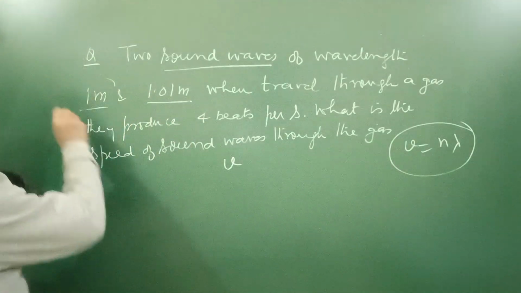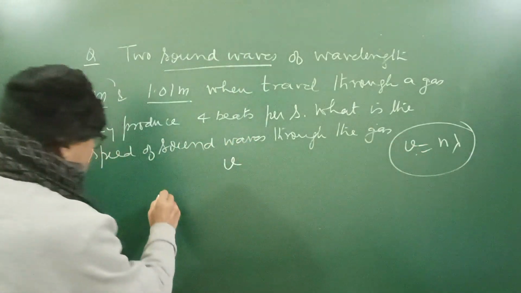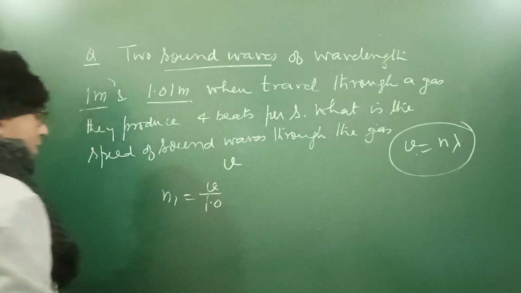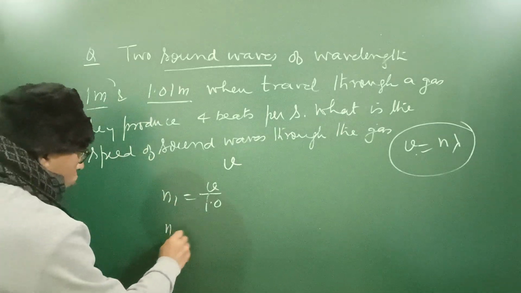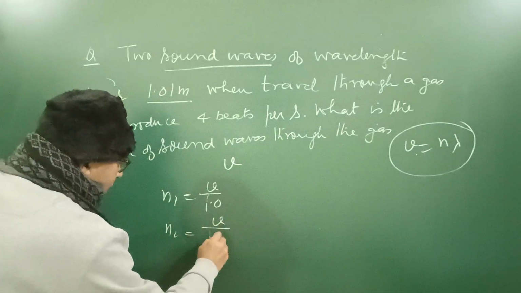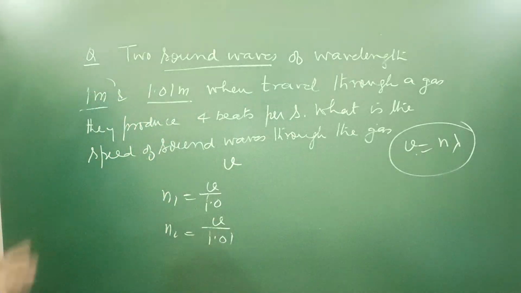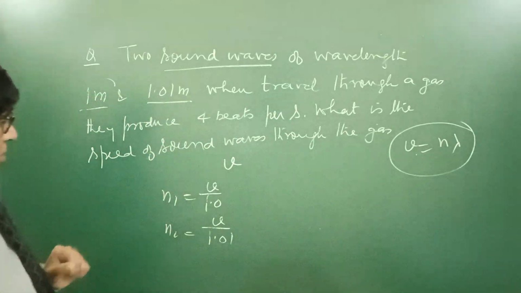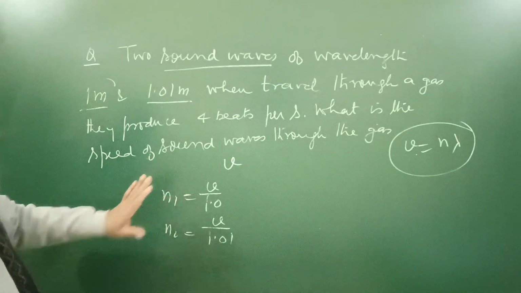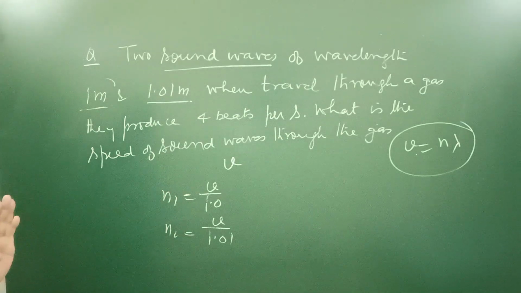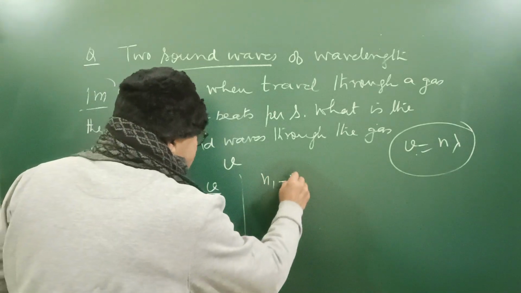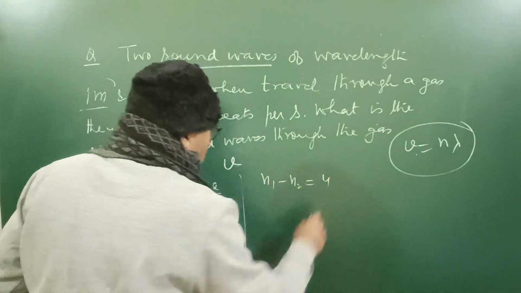So what is the frequency from this formula? Frequency N1 = v upon 1.0 meter, N2 = v upon 1.01 meter. Naturally N2 is less than N1, because the two sound waves produce 4 beats per second. Therefore N1 minus N2 is equal to 4.